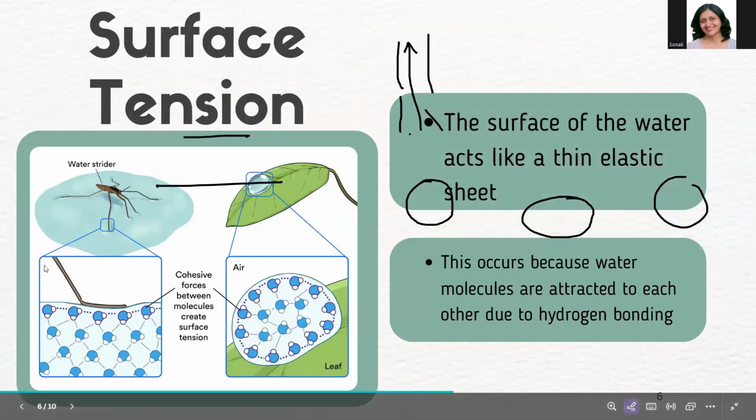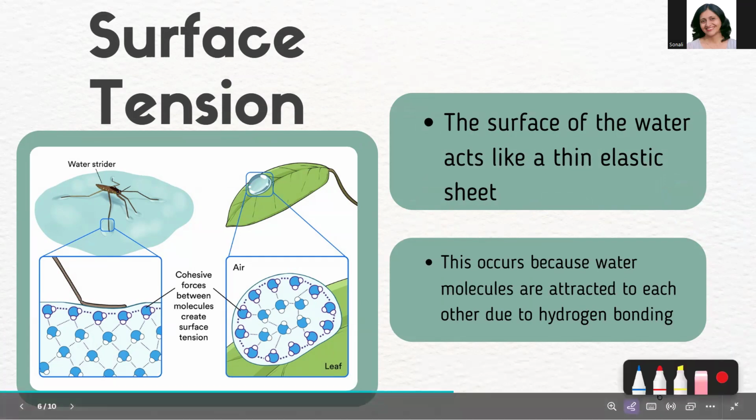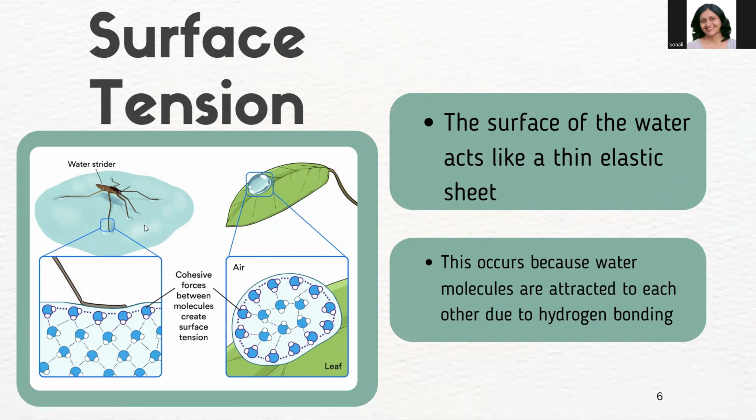So what is surface tension? The surface of water acts like an elastic sheet. Because of that, the droplet takes a rounded shape, and the water surface is so elastic that a water strider can walk over it.